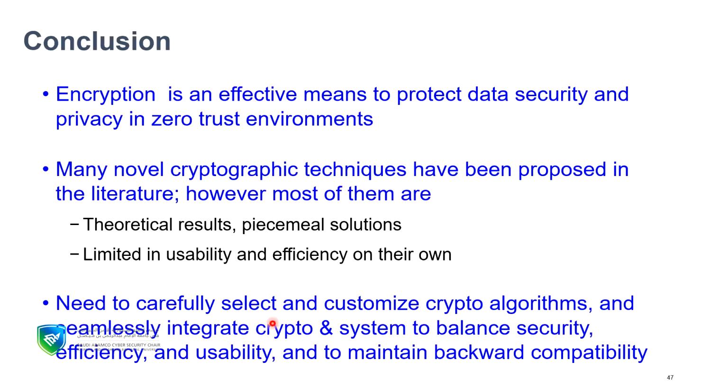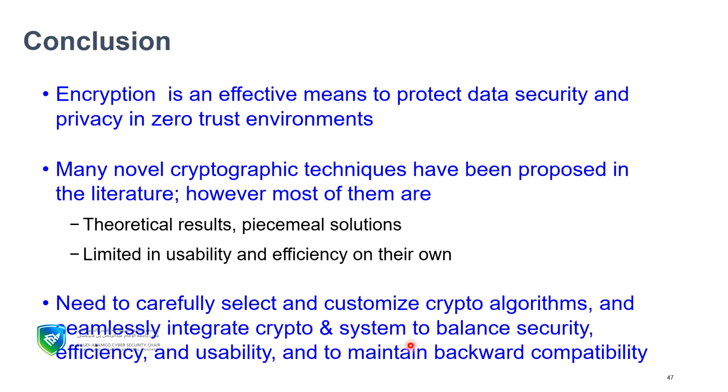Now, to design effective and usable systems, we have to carefully select and customize crypto algorithms and seamlessly integrate those algorithms into the systems so that they can work together.